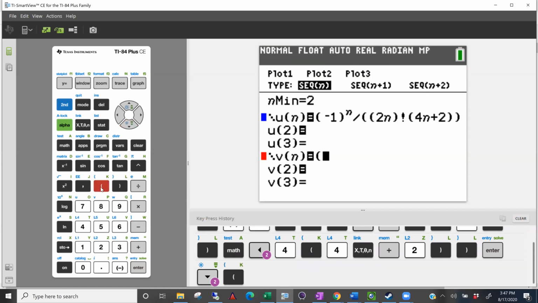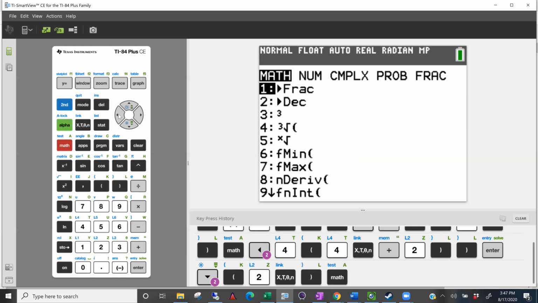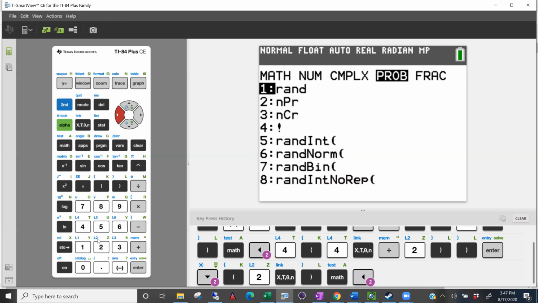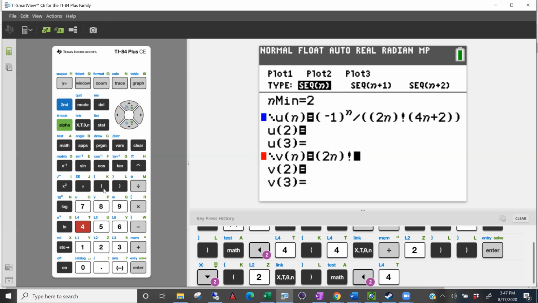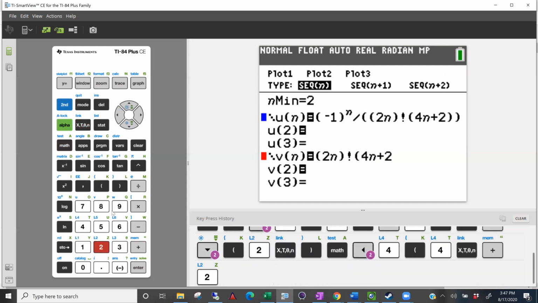But it's hard to tell what the numbers actually are. So let's just do this. 2n factorial. So again, probability, 4th option down. And then 4n plus 2. And this is literally what I did when I wrote out my notes.